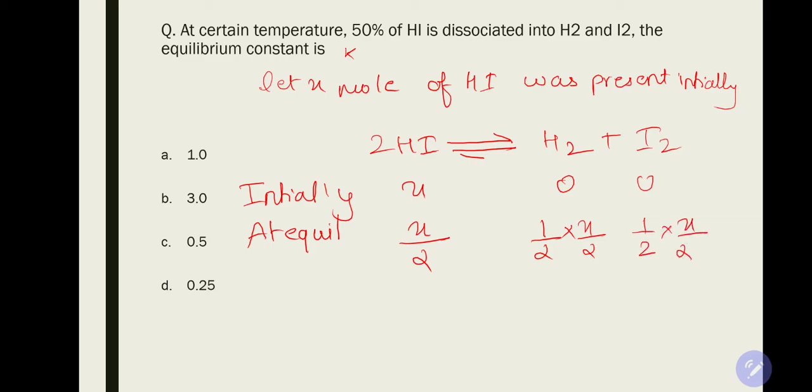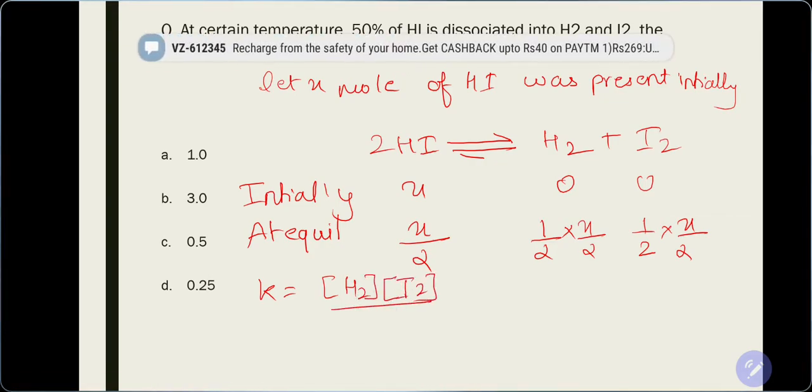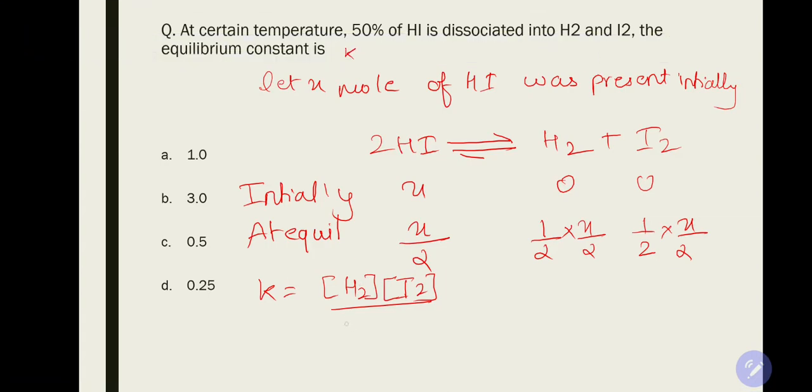Now substitute these values in the equilibrium constant. So what is the equilibrium constant? It is the concentration of the product, that is H2 and I2, divided by HI the whole square.